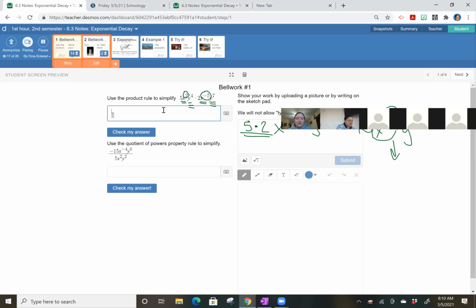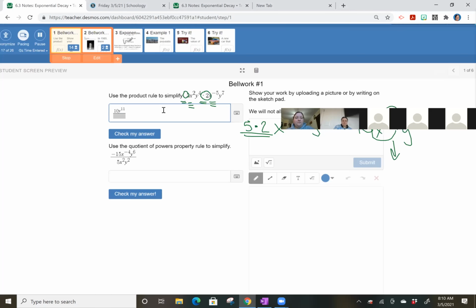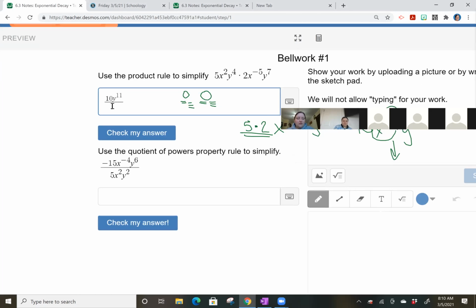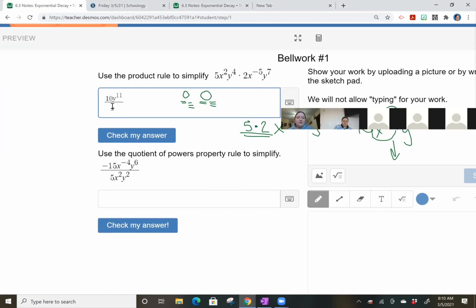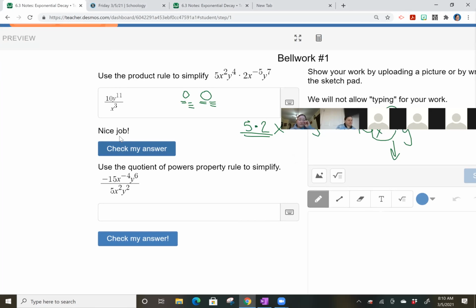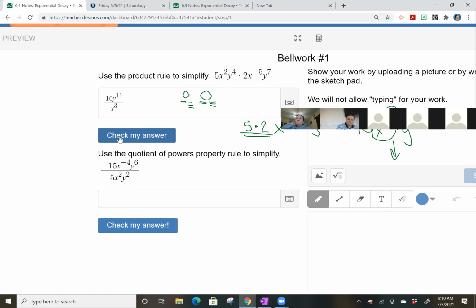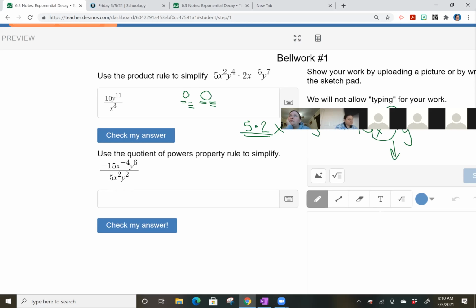So once again, my trick is to make the division key first. And then move it down, make it positive, and we're good. All right, so what do I do with the -15 and the 5 for number 2? What operation do I do? Divide.